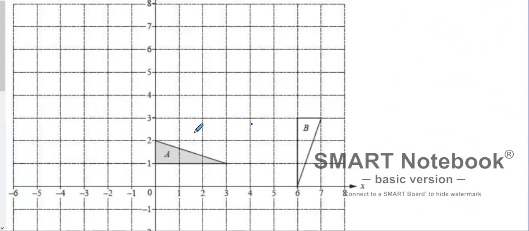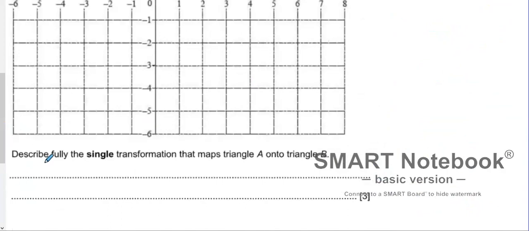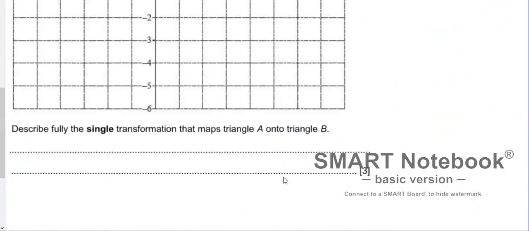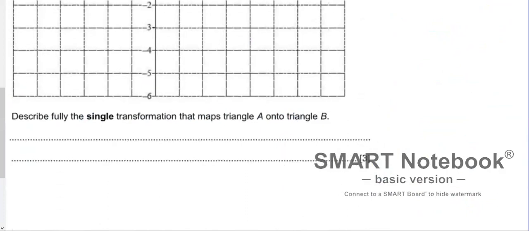Okay, this question says, describe fully the single transformation that maps triangle A onto triangle B. So triangle A onto triangle B indicates triangle A is the object, and triangle B is the image.